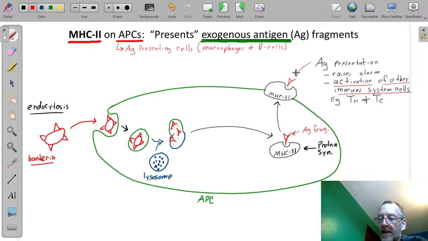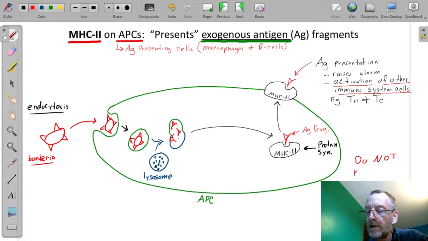So what do you want to do now to the antigen presenting cell? We don't want to kill it because there's nothing wrong with the cell itself. It did its job. It destroyed a bacteria and presented fragments of it to the rest of the immune system. So don't kill the messenger, if you will. So do not kill cell.